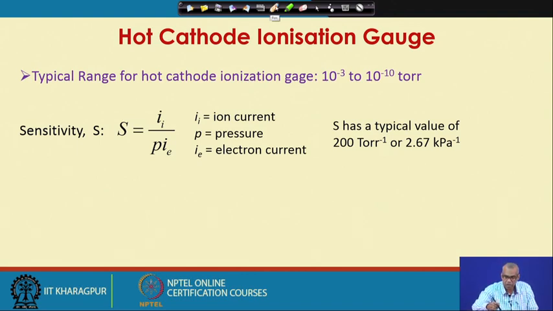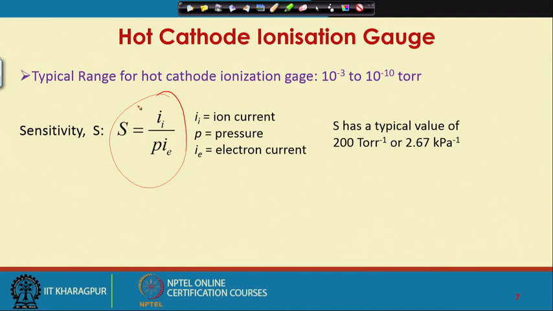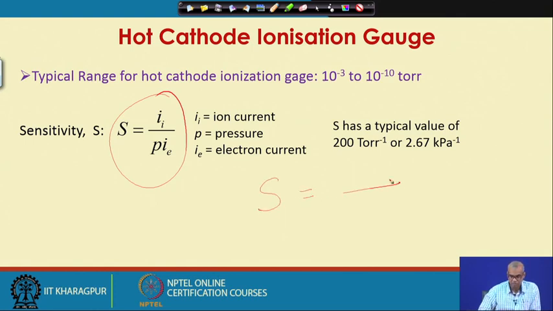This is how I express the sensitivity of an ionization gauge. See, sensitivity in general will be output by input.